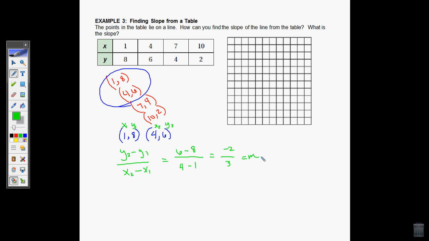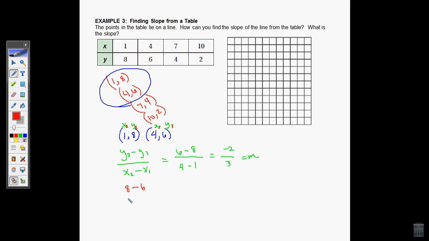That's what that means. Now, does it matter how I labeled them? Are you thinking to yourself, oh man, what if this was the 2 on this side? What if I made that x2, y2, and this was x1, y1? Would that have changed it? Let's try it out. Now, y2 is 8, and y1 is 6.